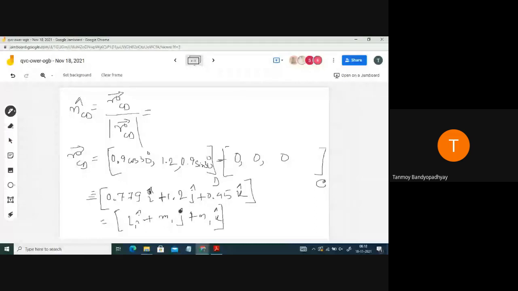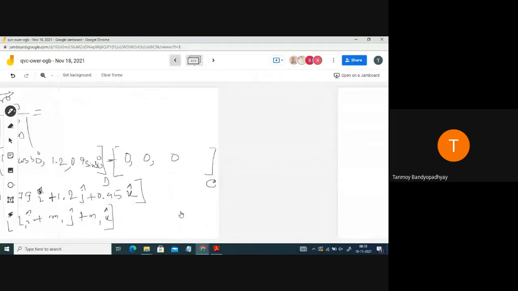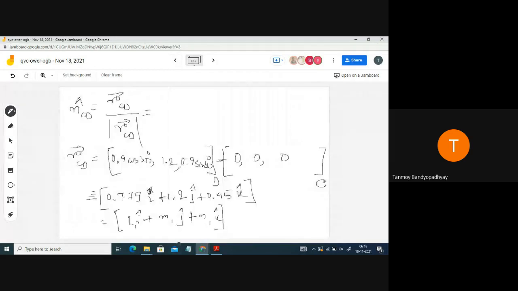Now you do the product. Finally we have to do the dot product. So RCD has come, actually. Now this has to be calculated again, so divide this by 1.5.